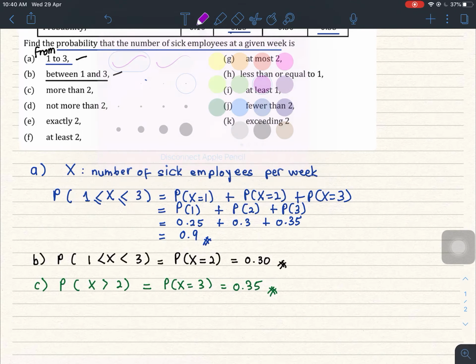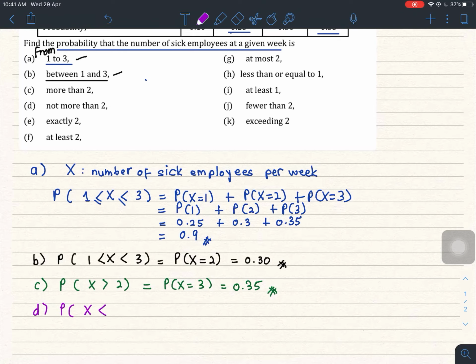Now part D. Part D, not more than 2, will be less than or equal to 2. Is 2 included? It is included, because you can have 2 when it is not more than 2.